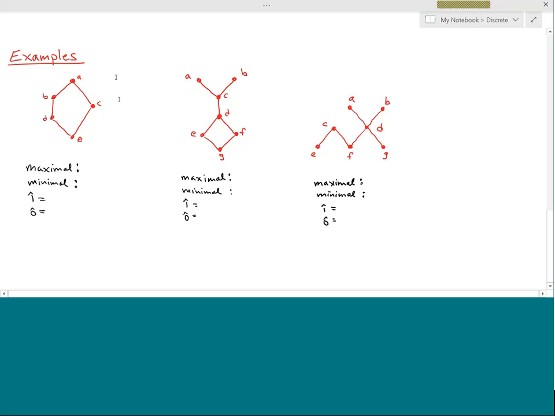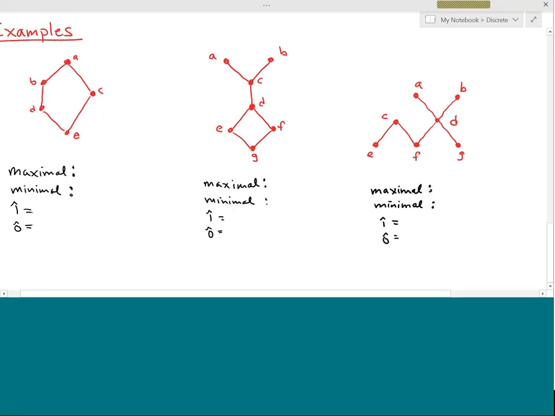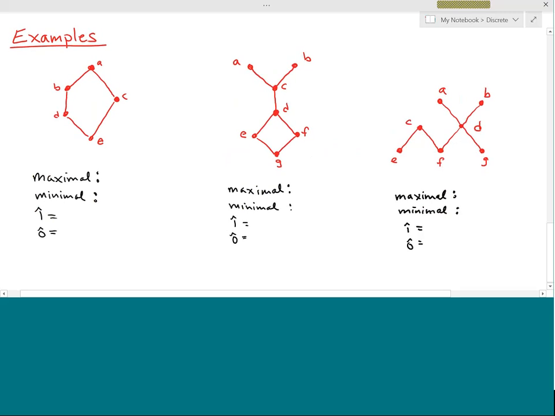Any guesses who the maximal element might be if it exists? It helps here to blow this up a little bit. Which one of those vertices, A through E, might be a maximal element?